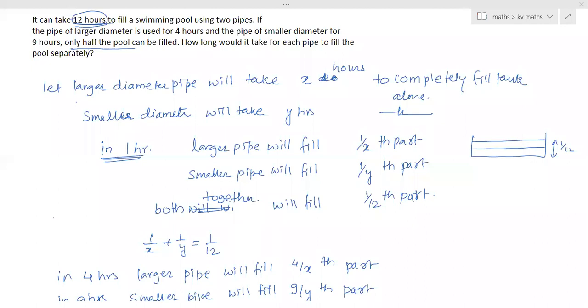Ma'am, x is equal to 20 and y is equal to 30. Yes, right.